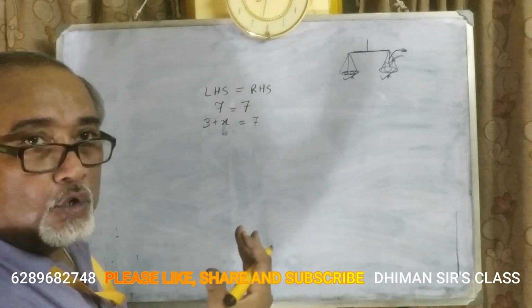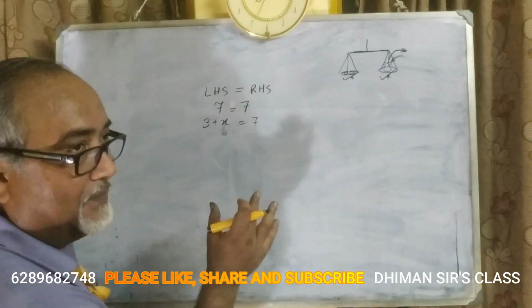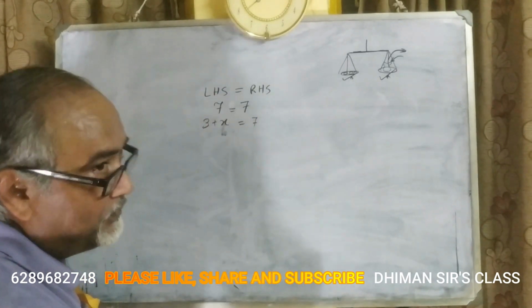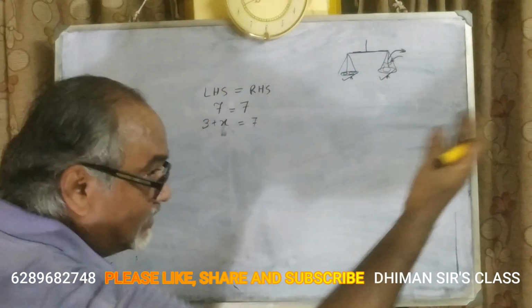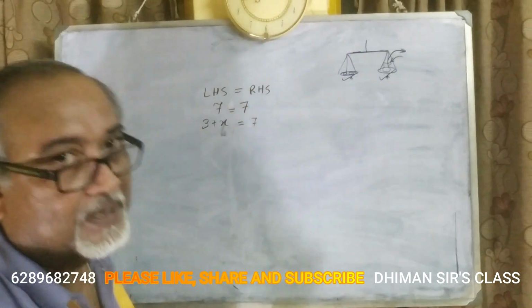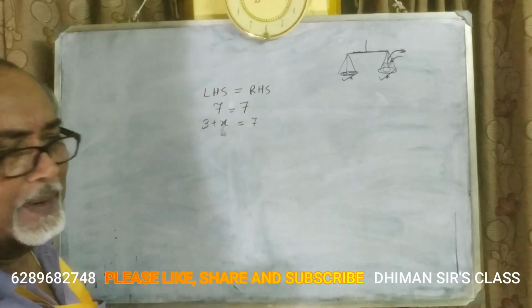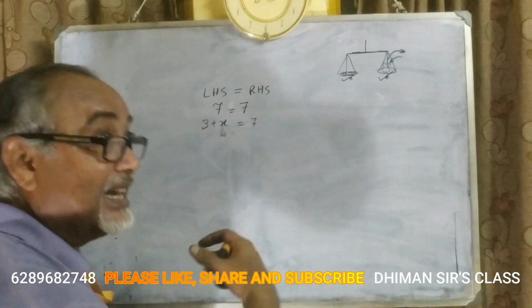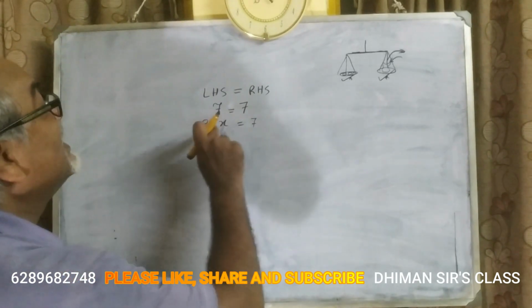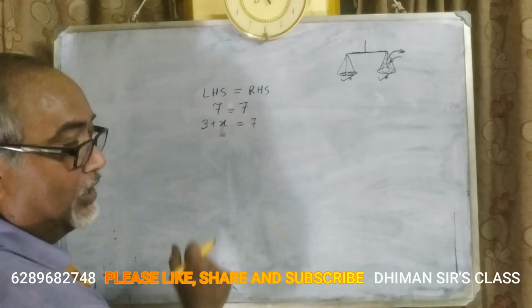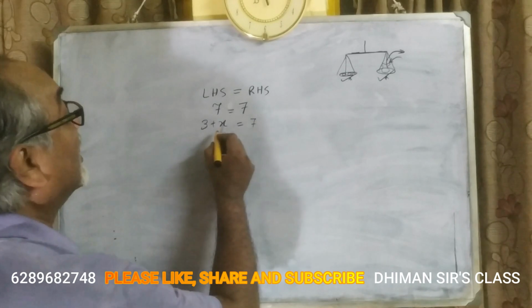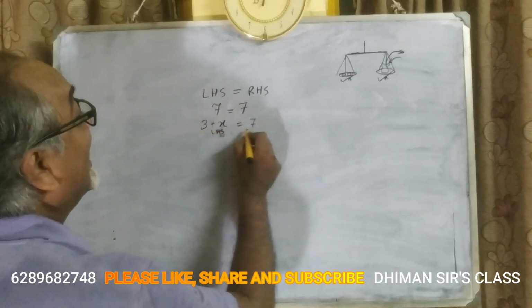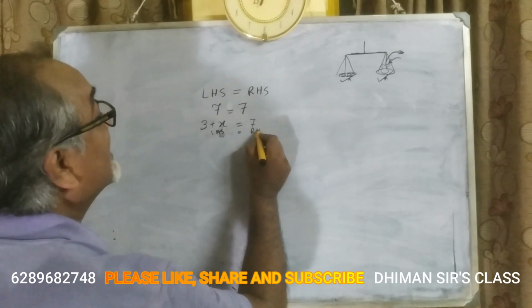Initially we don't know the number, so we denote it as an alphabet, and finally when we get the value we forget this alphabet and the answer becomes our figure, which is required by us. What is required? 3 plus how much? Let us assume how much is X, and we get the value of X as 4. Now how to do this? See, this part is the left hand side and it is equal to this part, our right hand side.